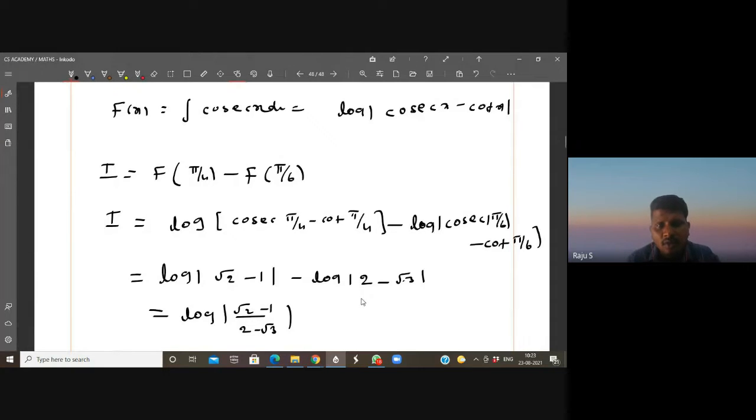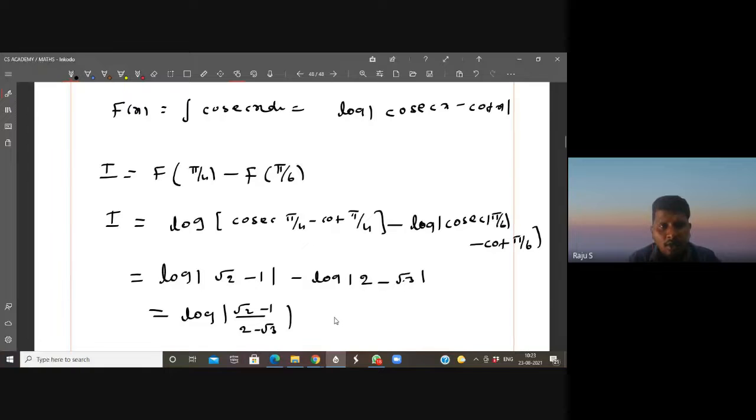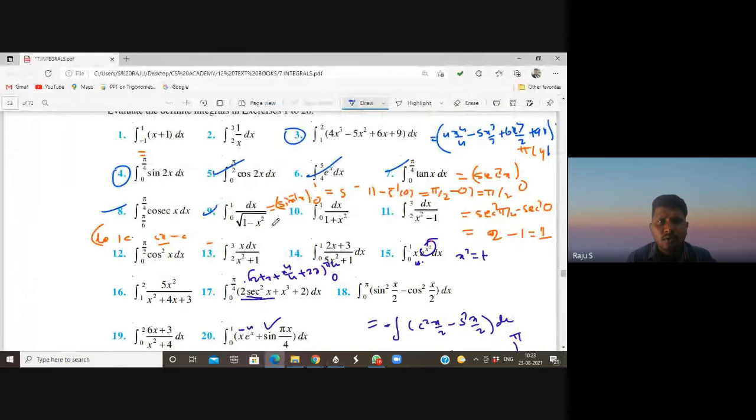Having any doubts? Cosecant x. Okay, this is an easy one only. So next one, you can do this directly: sine inverse of x, sine inverse 1, sine this pi by 2, you will get the answer. Question number 10, 0 to 1.